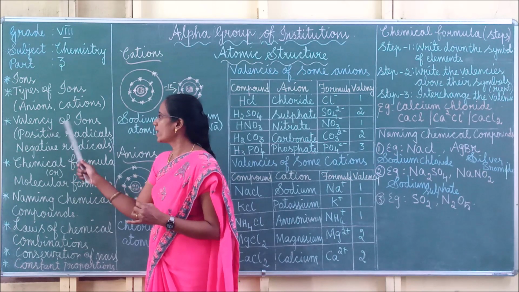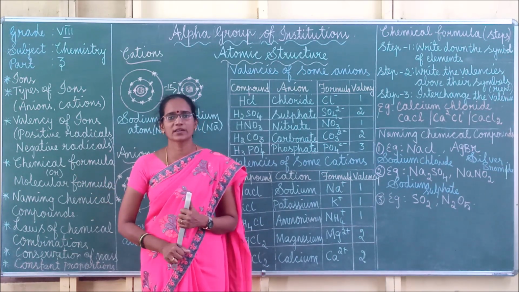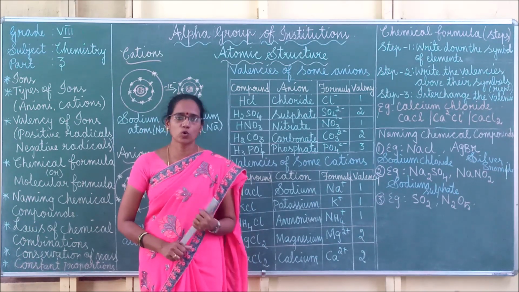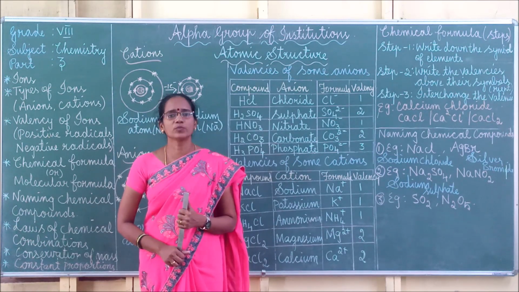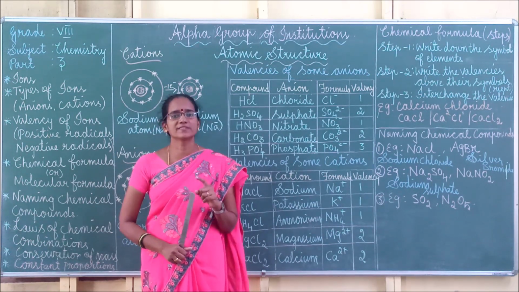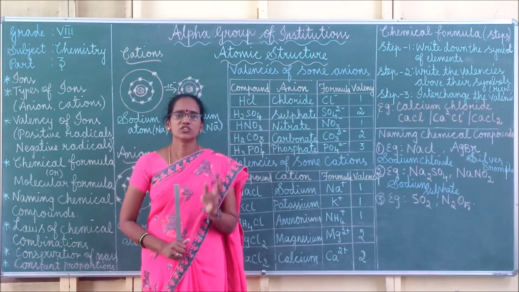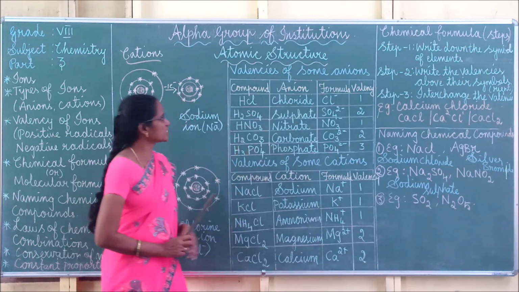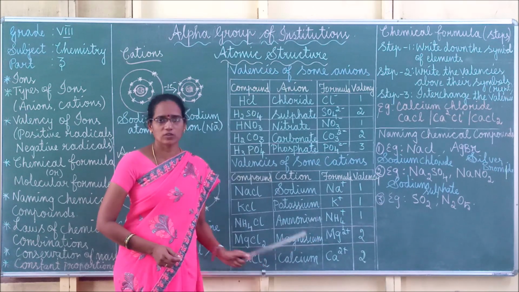And next one is the valency of ions, that is positive radicals as well as negative radicals. Different types of valent ions are there, like monovalent, divalent, trivalent. Monovalent means an element with only one valency. Divalent means an element with two valencies. Trivalent means an element with three valencies. And we discussed the valencies of some anions as well as some cations, right?